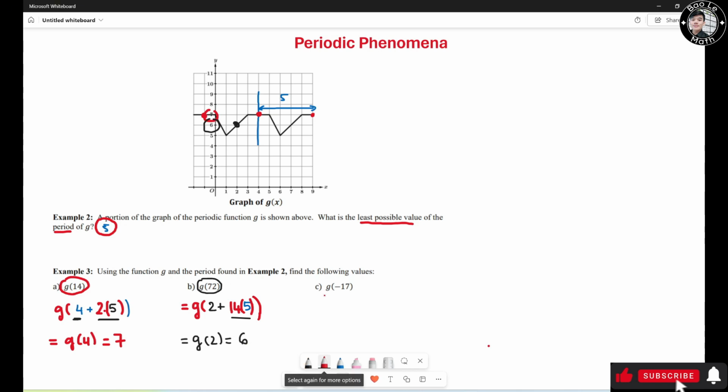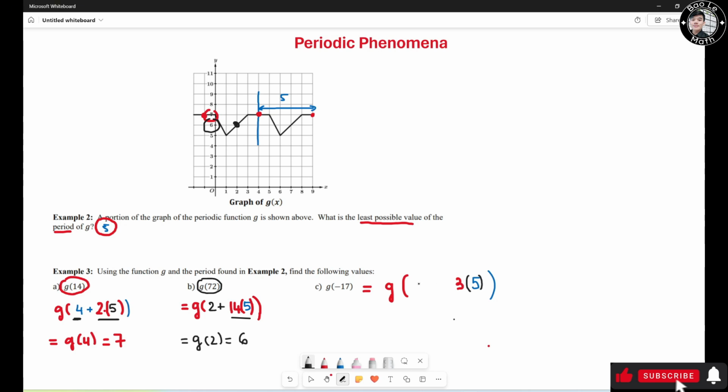Now let's move on to question C. g of negative 17 can be written as g of, right? Now I know that the period is 5, so I write 5 over here. Alright, so I look at 17 right here. How many times does 5 go into 17? That means the maximum is 3, right? So I have 3 right here. Multiply this. Now, 3 times 5 is going to be 15, right?